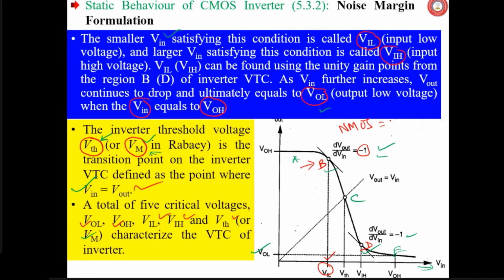NMOS is linear, you say. Okay, any other opinion? PMOS? We are talking about region B. Sub-threshold region. Which one? NMOS sub-threshold region. And PMOS?